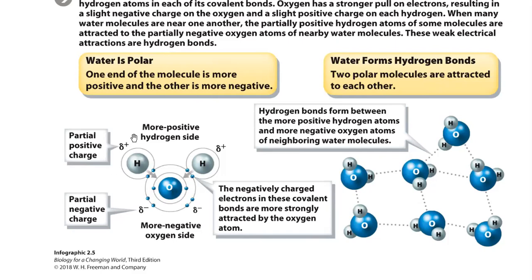And as a result, there is a partial positive charge right here in this location of the hydrogen. All right. Now, because of this unequal sharing, it results in something called a polar covalent bond. Okay. A polar covalent bond.